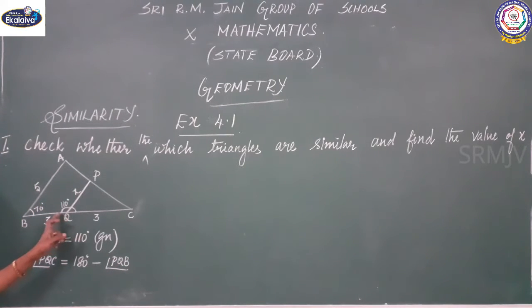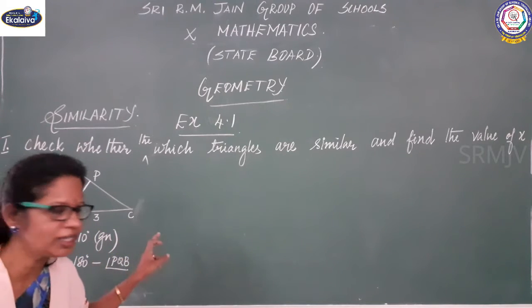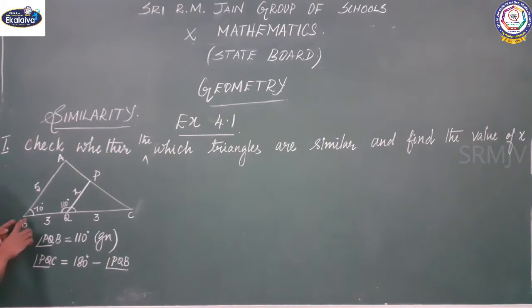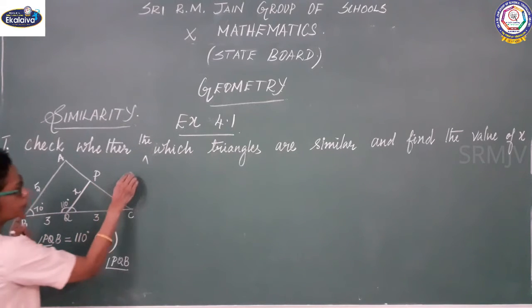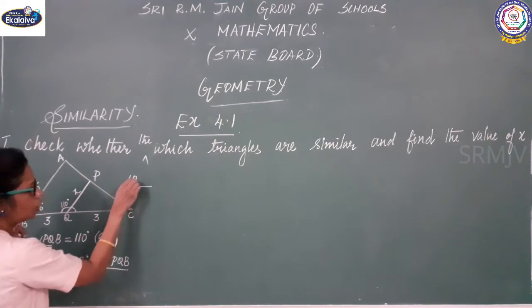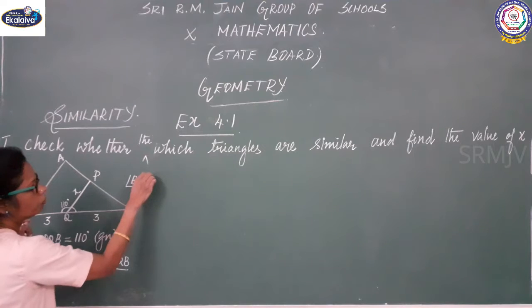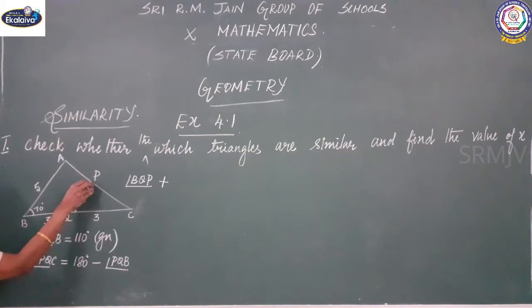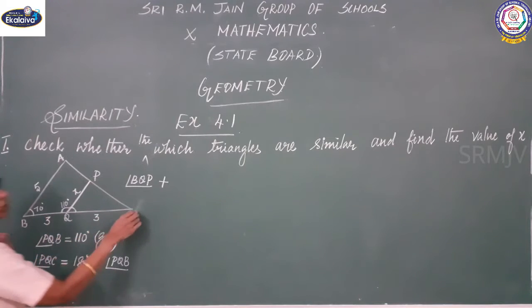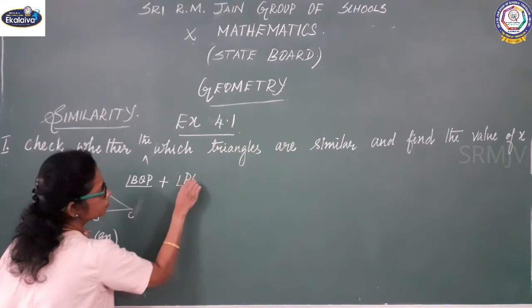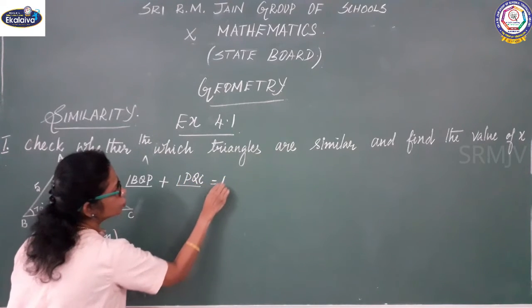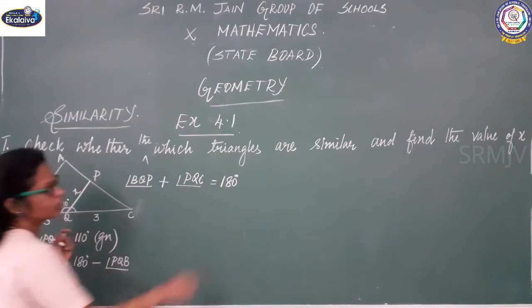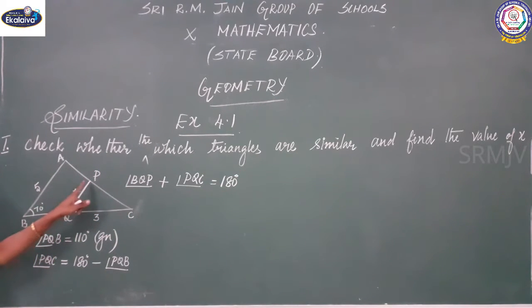Because it is a straight line, a straight angle means 180 degrees. That is, angle BQP plus angle PQC equals 180 degrees.